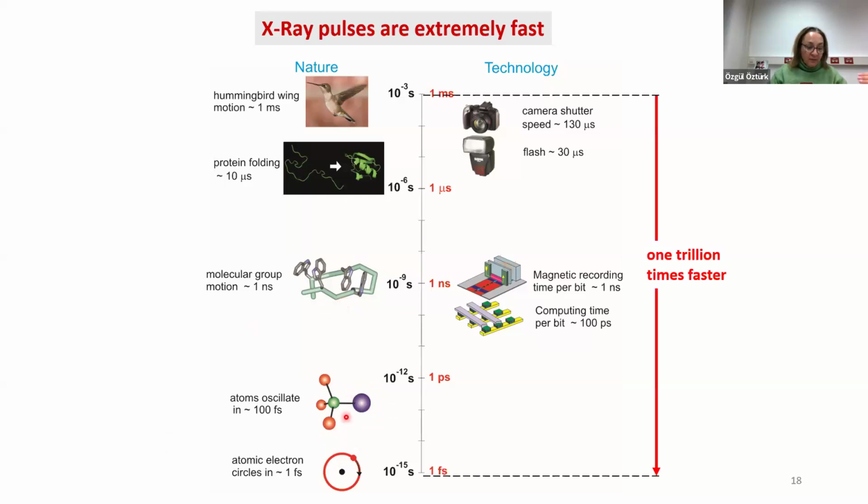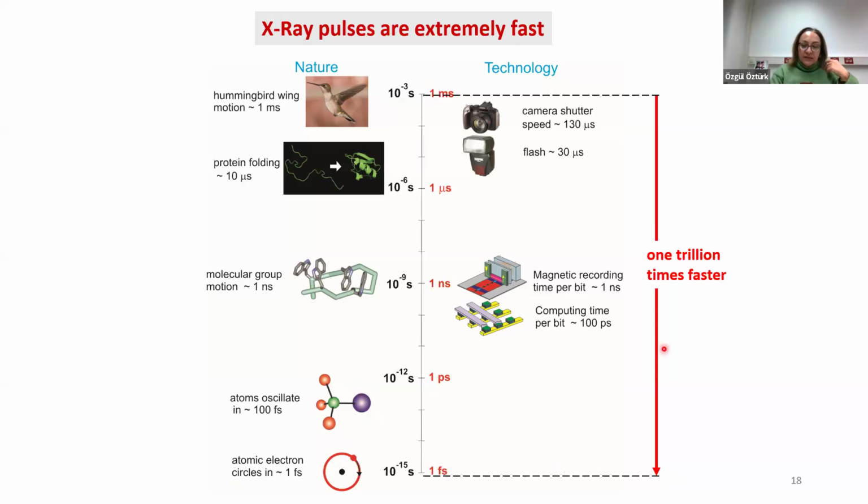Atoms vibrate on the scale of hundreds of femtoseconds time scales, and electrons move on femtosecond or even sub-femtosecond time scales. This is the natural time scale of the chemical bonds and electronic structure.